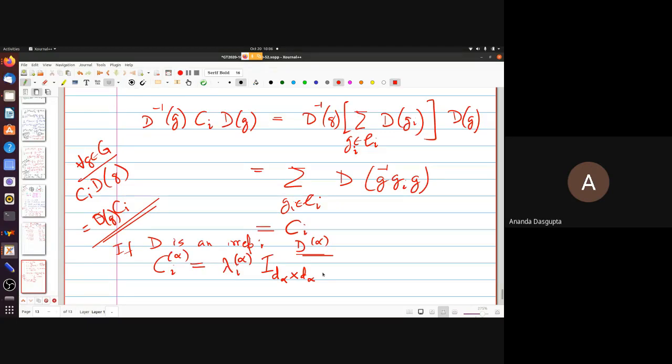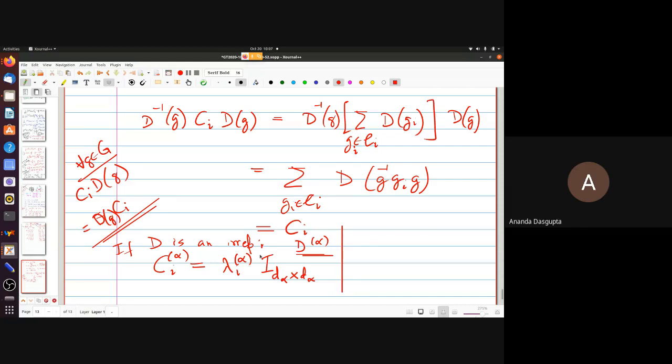Notice that every one of the class matrices have to be multiples of the identity. Of course, which multiple, that will depend on two things: which irrep you are talking about and which class you are talking about. So in our example, we have 3 classes, so there will be 3 lambdas for every irrep. Okay? But how is that relevant to us?